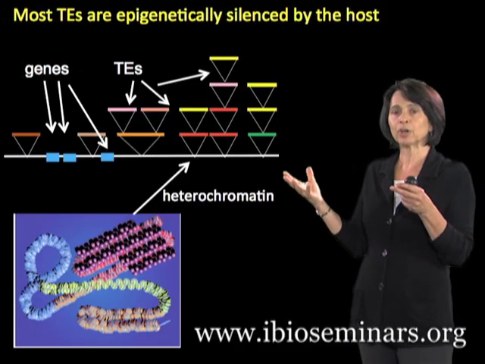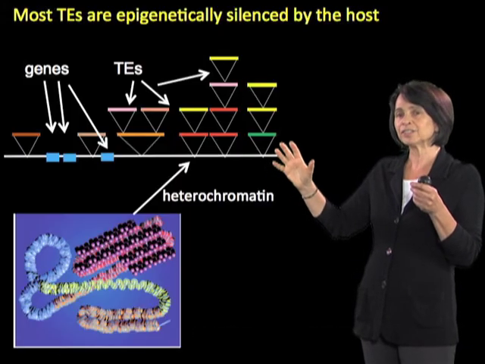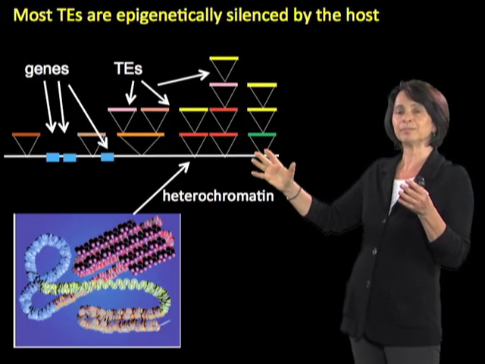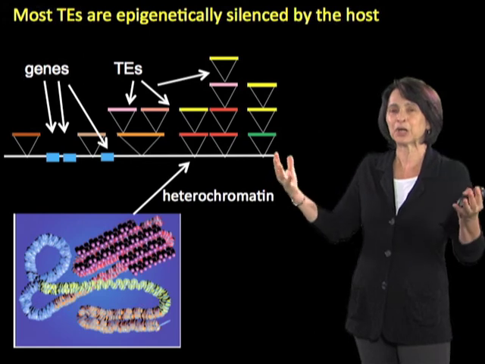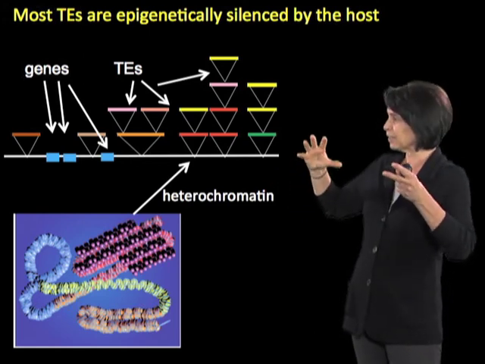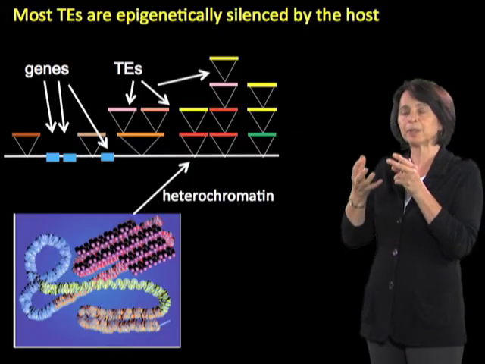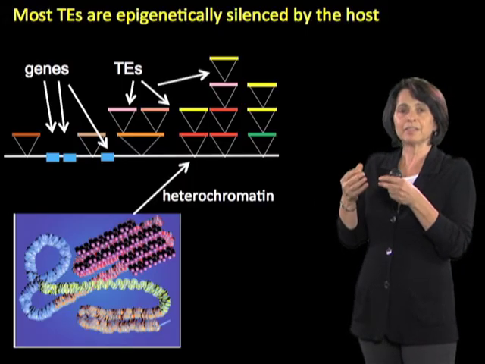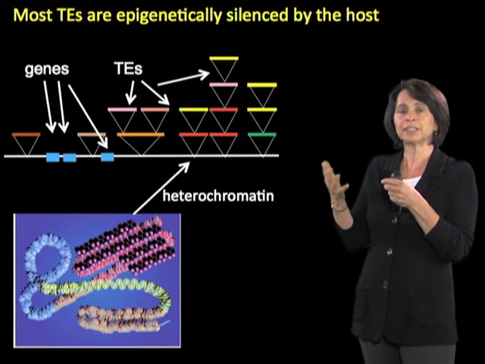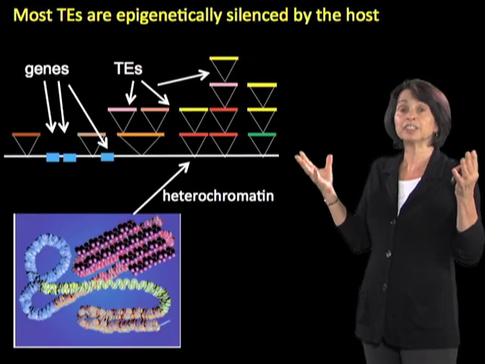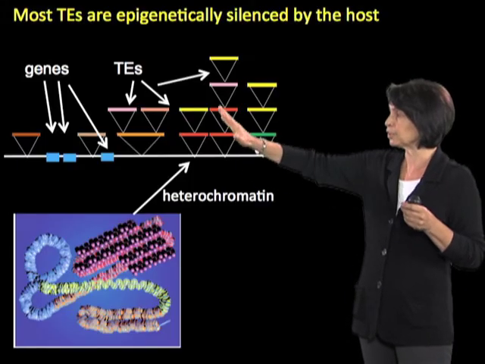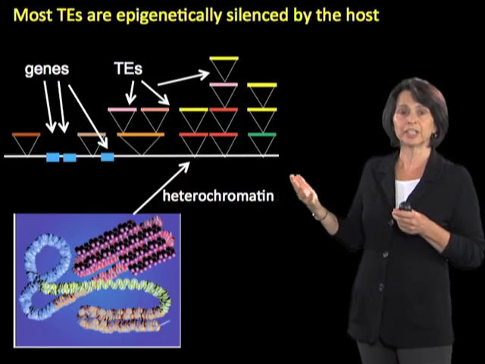It's what's called heterochromatin. This is a host response. It condenses the chromatin and prevents the transposons from making the transcripts and the proteins needed for them to move. So they're said to be silenced. This is in addition to the fact that these transposable elements are accumulating mutations.